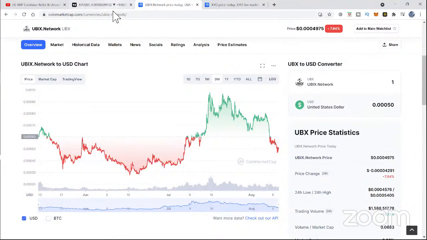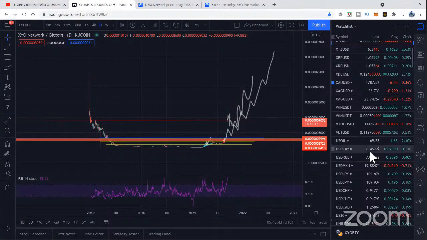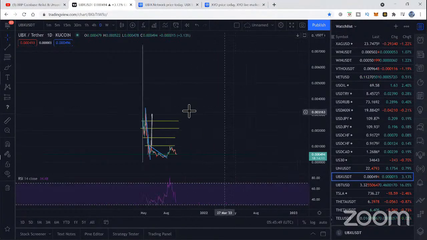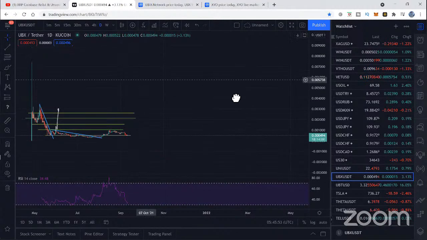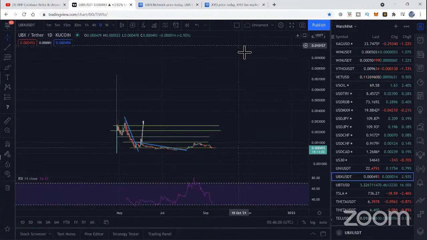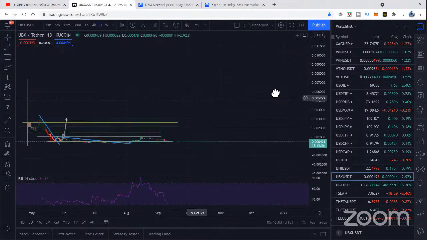We hit it again almost 3 times, and then we have crashed. But something I want to show you about UBX, why I believe that this is about to do exactly what this XYO coin has done. Check this out. All right, so UBX, man, it had already gone as high as 0.007. That's super close to hitting a penny already from the last high that it had.